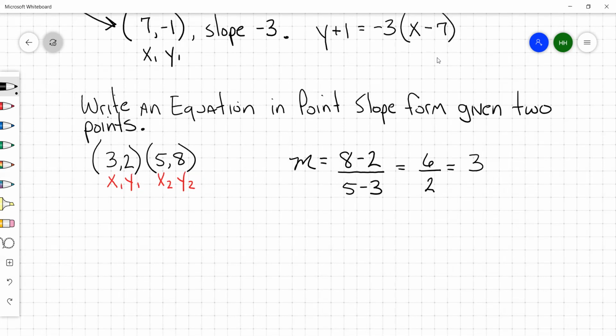Since you're given 2 points, you need to write 2 equations. Okay? One equation with each point. So your first equation using the first point, we're going to get something like y minus 2 equals 3 times x minus 3.